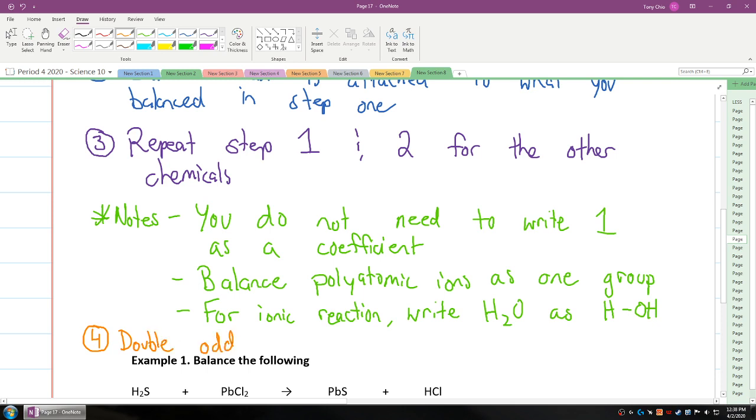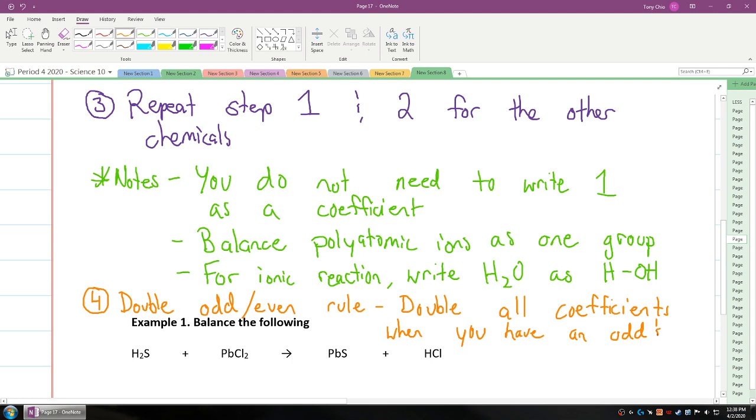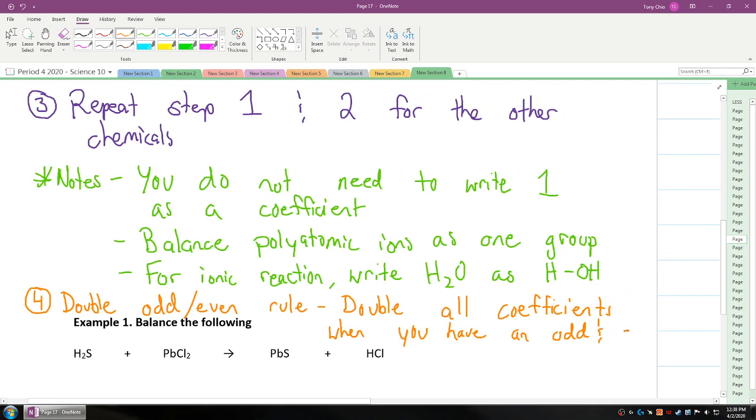I'll show you an example of the double odd even rule in a bit, but basically what this means is you double all coefficients when you have an odd and even value.